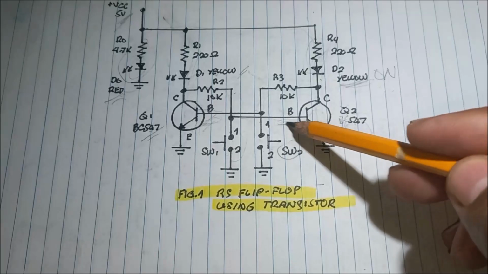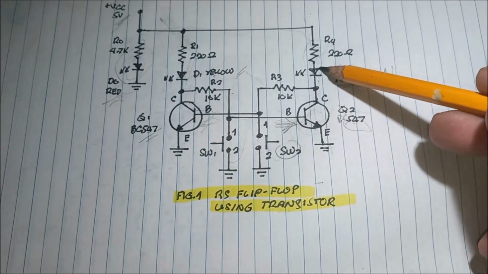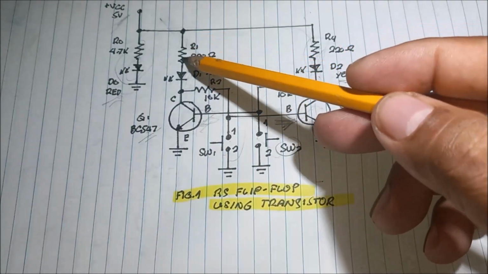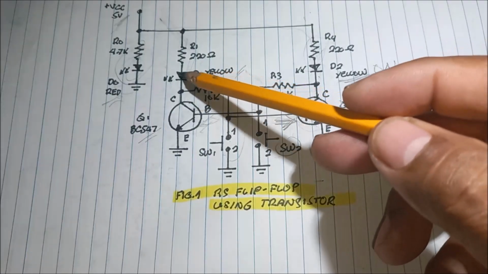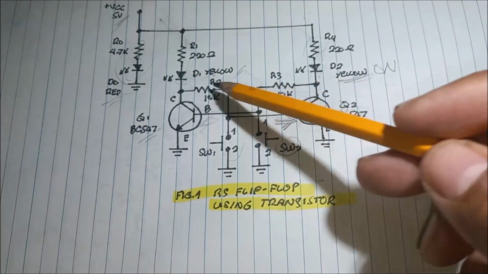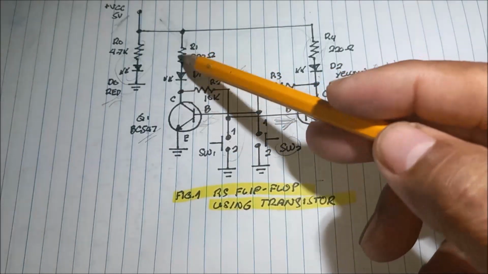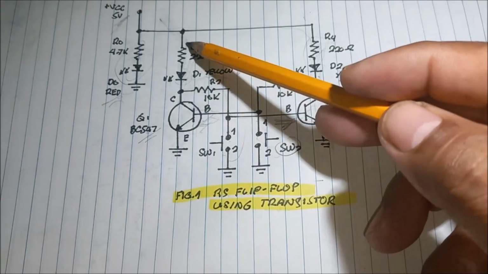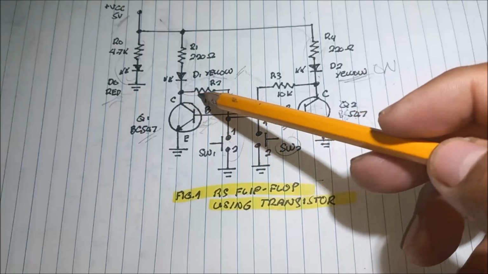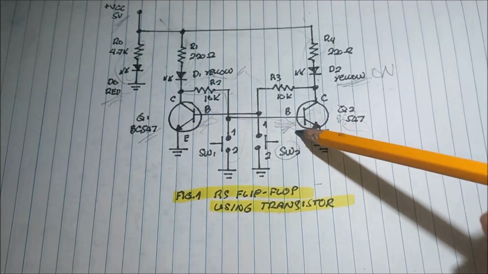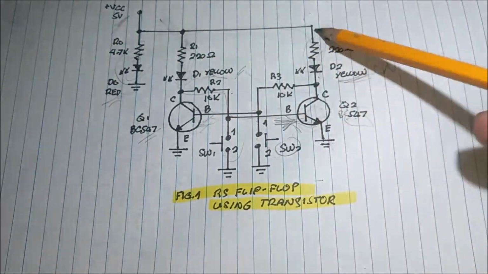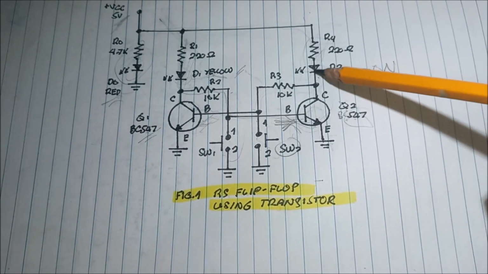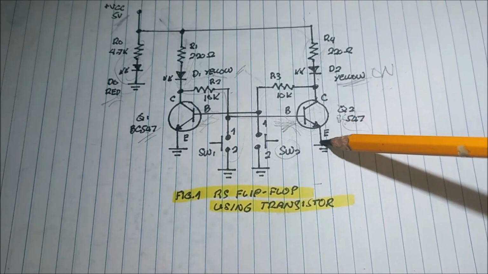So we need the switching current to turn on this LED. The current flows from this yellow LED, which is off, to here, and then R2, then to the base, switching on this transistor, and down the current flows into D2 yellow, and then collector to emitter, then ground.